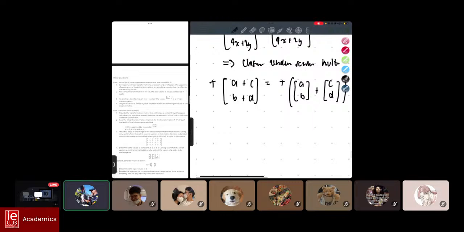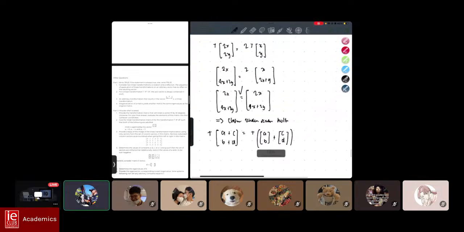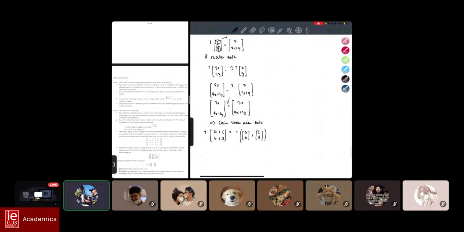So let's do that. First, x stays x, so it becomes a plus c. But the lower component becomes 2x plus y, so this is 2(a + c) plus (b + d). Then, doing it individually, the transformation of (a, b) becomes a, because that's your x component, and your y component becomes 2a plus b.